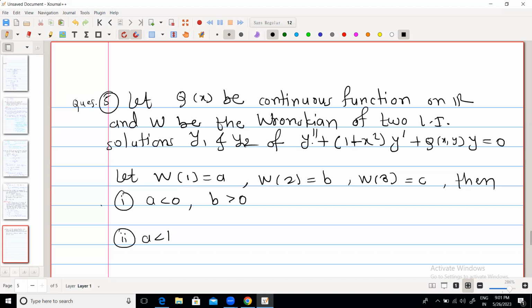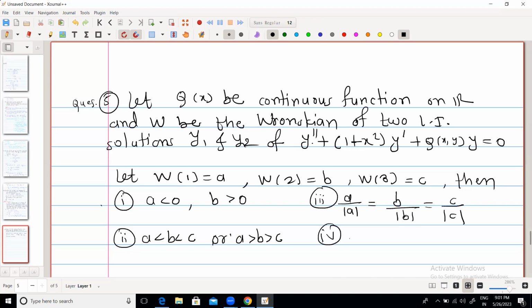Second, A is less than B less than C, or A is greater than B greater than C. Third, A divided by mod A is equal to B divided by mod B is equal to C divided by mod C. And fourth, 0 is less than A less than B and B is greater than C is greater than 0.